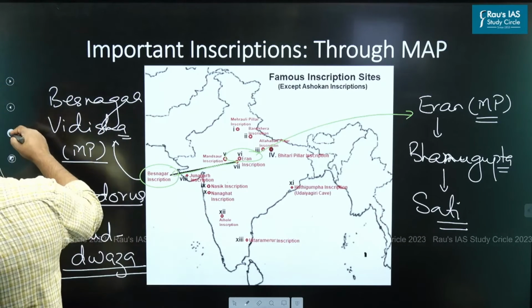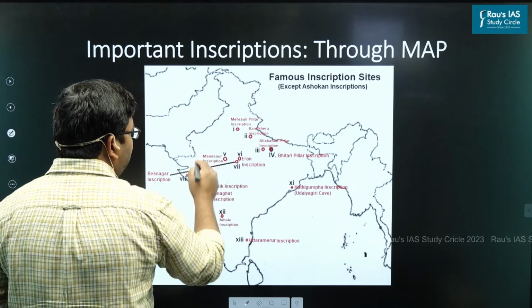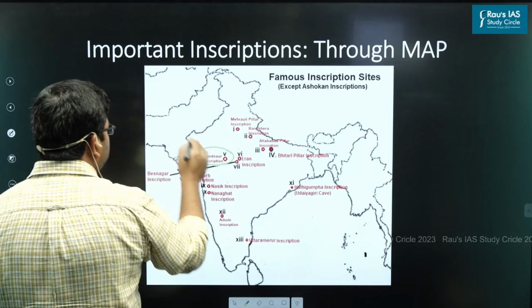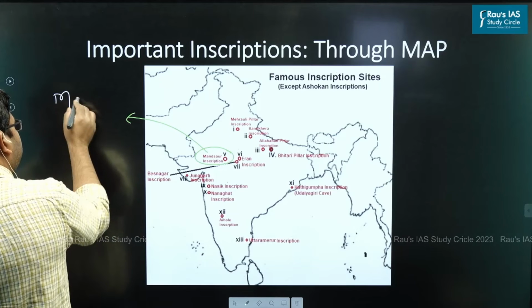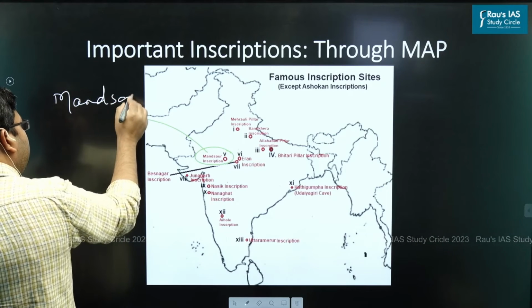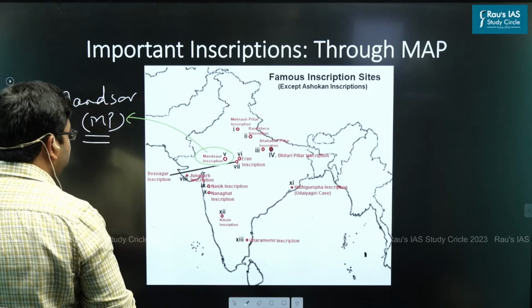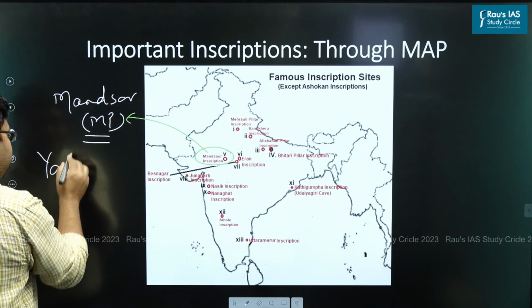Another super important piece of information that we can have here is about the Mandsaur inscription. Mandsaur is a place in MP. Here we get the information about a ruler of Malwa, Yashodharman.